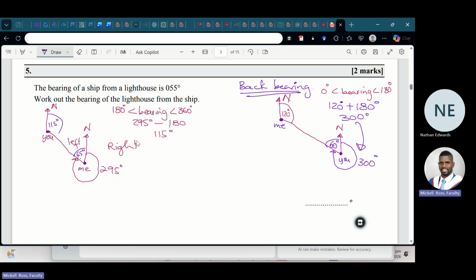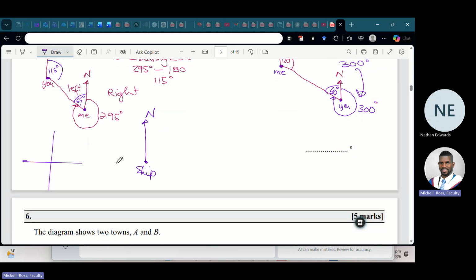So when it says you have a ship and a lighthouse, let's look at it. So let's say ship, you find the north of the ship. Because remember, we are not mindful of our compass rule. I think I may have taken it for granted that we know.